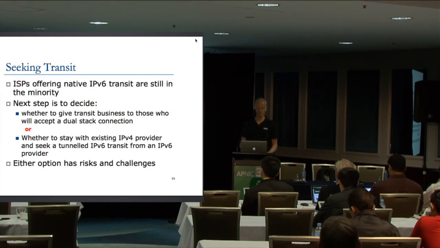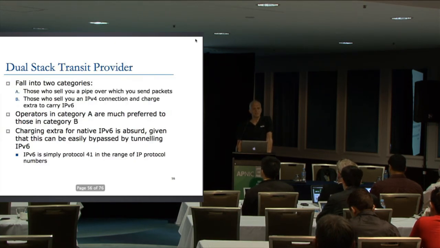I mean, obviously the challenge with dual stack is, well, how well is the dual stack provider connected? I mean, there are two categories. There's still some providers, thankfully they're disappearing fast, who are trying to charge you extra for v6. It's like, why? They're packets. We can run the v6 packets through a v4 tunnel, then you won't charge us for them. So it's better to go with those who actually just sell you a pipe over which you send packets. It doesn't matter. I mean, they're just packets.